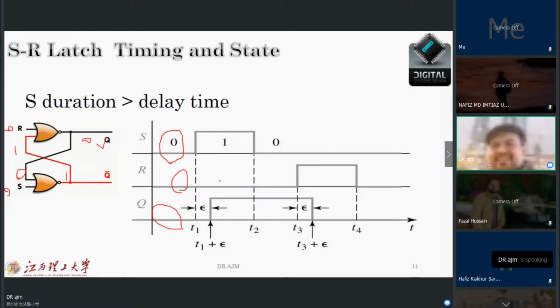But really, for Q as the output, we cannot have that immediately, because there is some delay time between the performance of the next step, generally some epsilon time, in which Q will happen. Then we need some delay between the Q performance and the others.